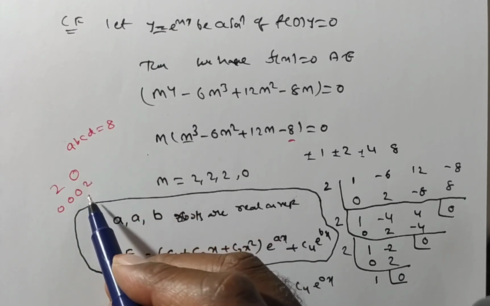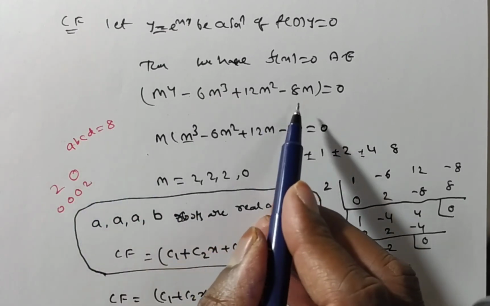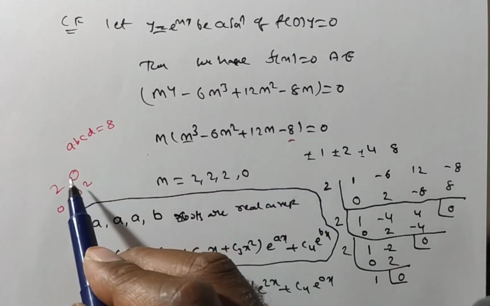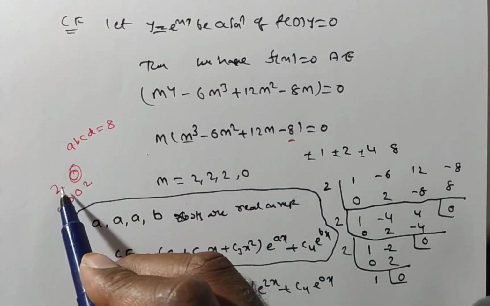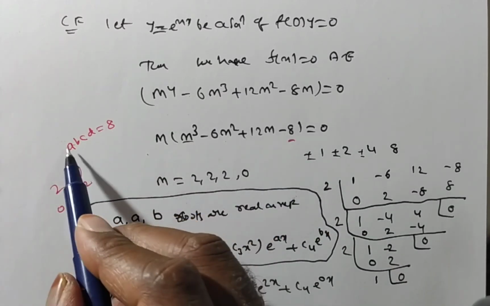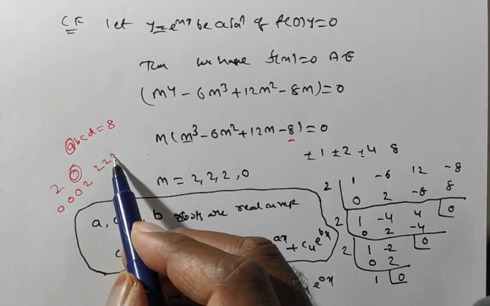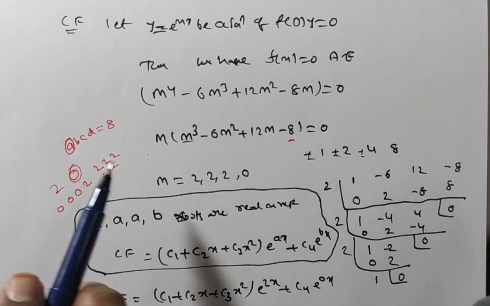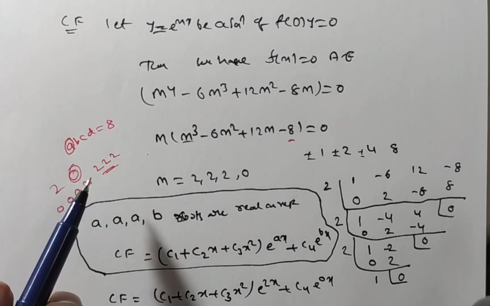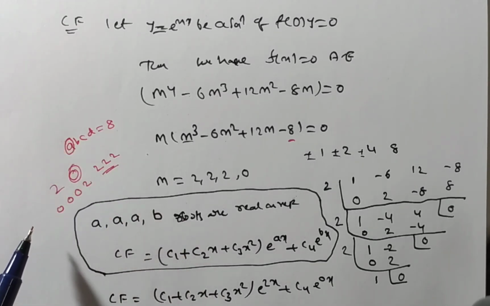No. So this is wrong. Don't take the 0. Now 2, how many times should you write it to get 8? 3 times. 2, 2, 2. So this is the solution. 2, 2, 2 are the roots and 0 is another root. By using the calculator you can get it like this. Thank you for watching this video.